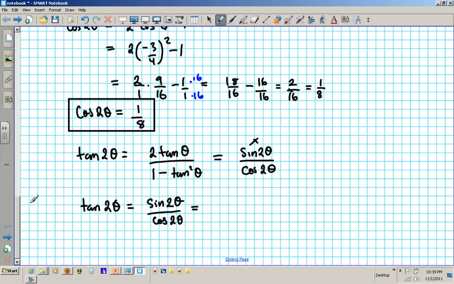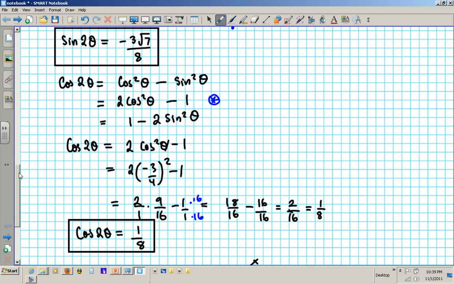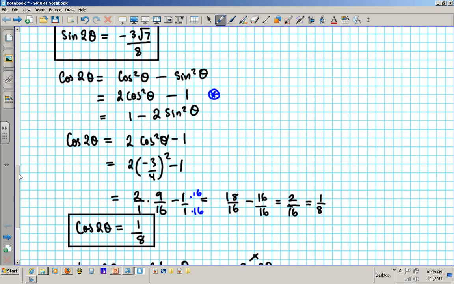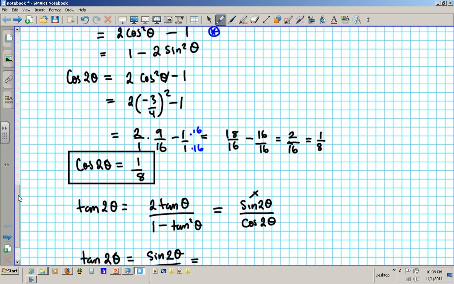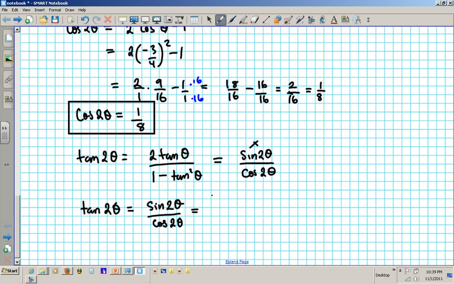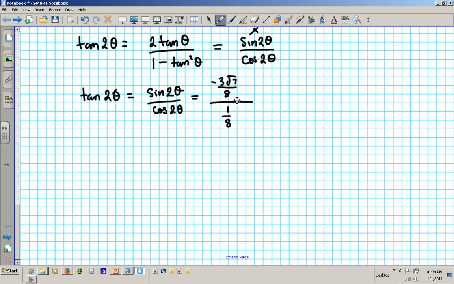So let's look at our first result. For the numerator, negative 3 root 7 over 8, divided by cosine 2 theta, which is 1 over 8. So we're going to divide these two. Dividing by fractions is the same thing as multiplying by its reciprocal. Or you just DCF it, okay?